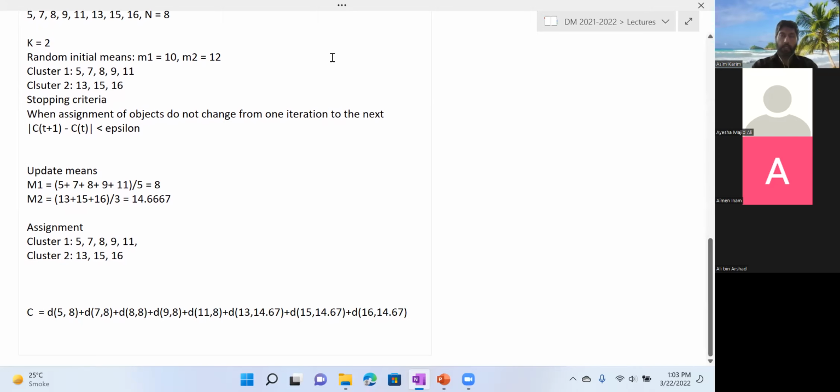So this was 1D. In general, if it is m dimensional, mostly we will use Euclidean distance.